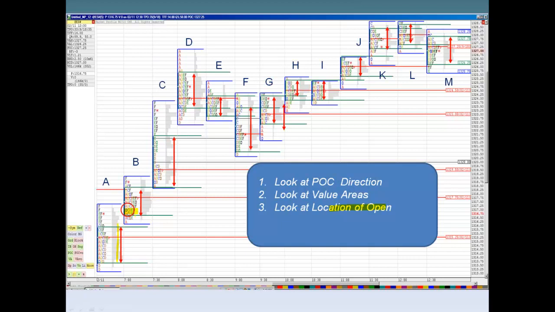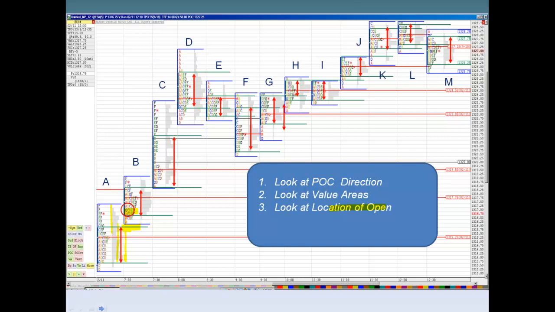So take a look here. Column B, the open in fact opens higher than the value area but within range. And what happens? We have an open test drive. We come back down, we test the value area, and we find support. Continues on higher and higher and higher and so on, and then the value area begins to develop above.